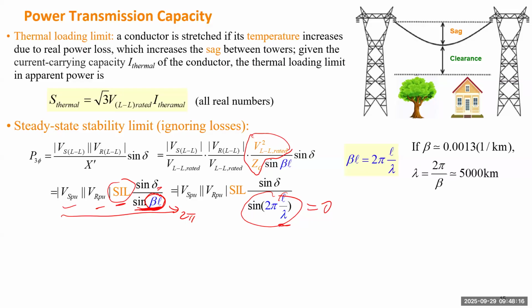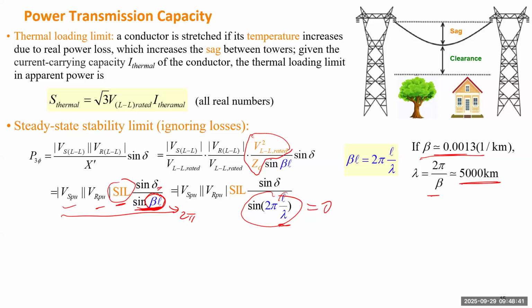Okay, so let's assume beta L equals 2 pi times L divided by lambda. And if beta is equal to 0.0013, lambda will be equal to 2 pi divided by beta. The lambda will be 5,000 kilometers.